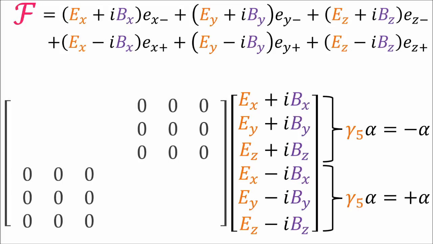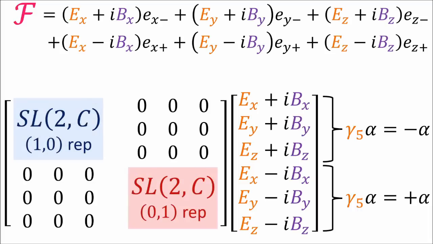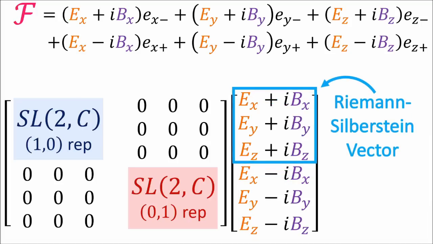So we can transform this 6-component column using a 6x6 matrix, which is broken into 3x3 block diagonal sections. These 3x3 blocks are the 1, 0 and 0, 1 Lorentz representations. As an aside, this form of the electromagnetic field is called the Riemann-Silberstein vector.